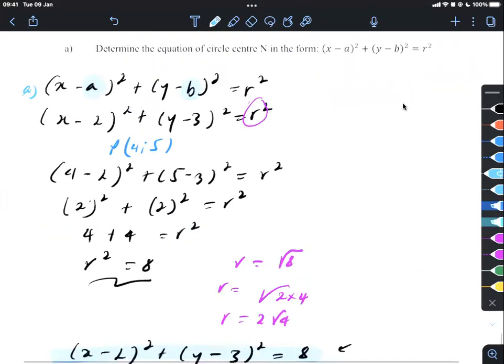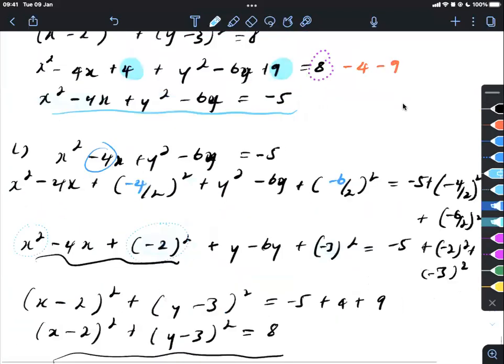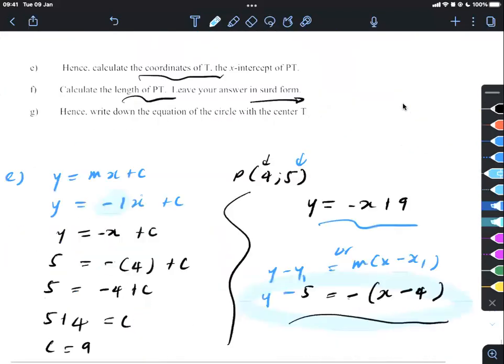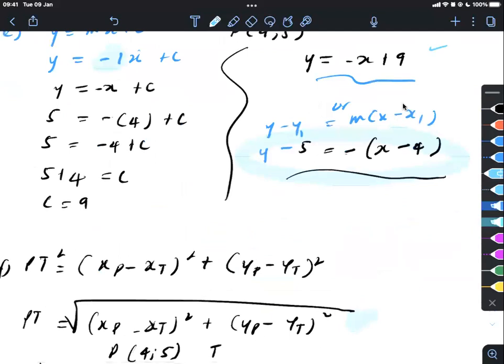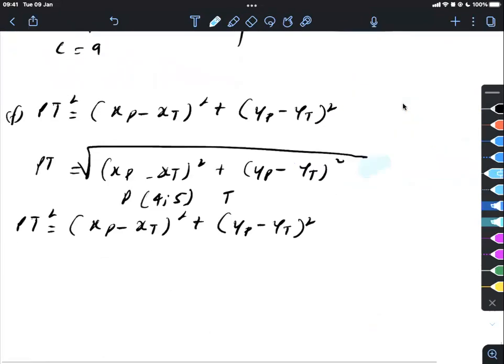So now I'm going to go and find that line graph, the one that I just did here, this one, and get the x coordinate of that point. That's what I'm interested in. So that equation was y equals negative x plus 9.